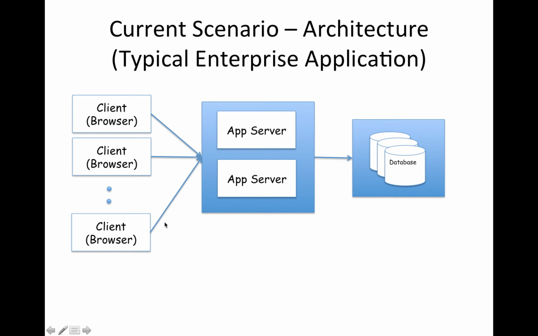For example, again, if you go for a point of sale system, a client need not be a browser, but all the client requests go through app servers or web servers, and then the data will be loaded into the database. And also, if you think about email, your email servers also follow the same architecture.